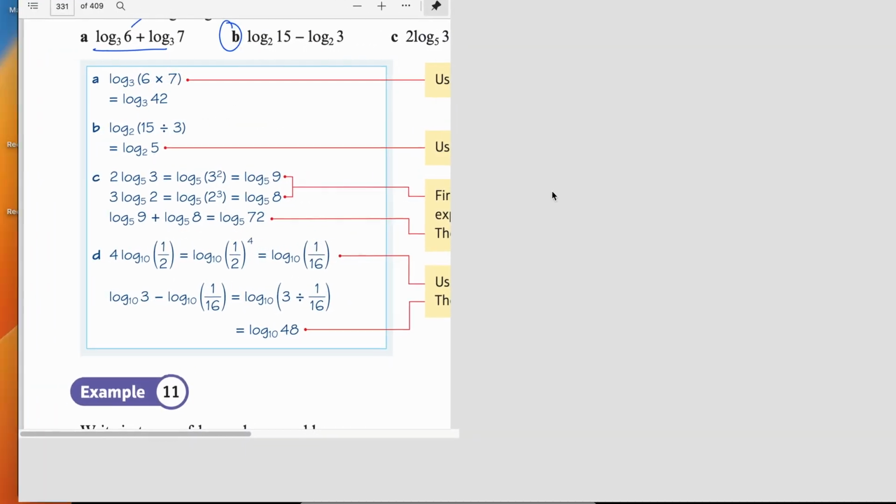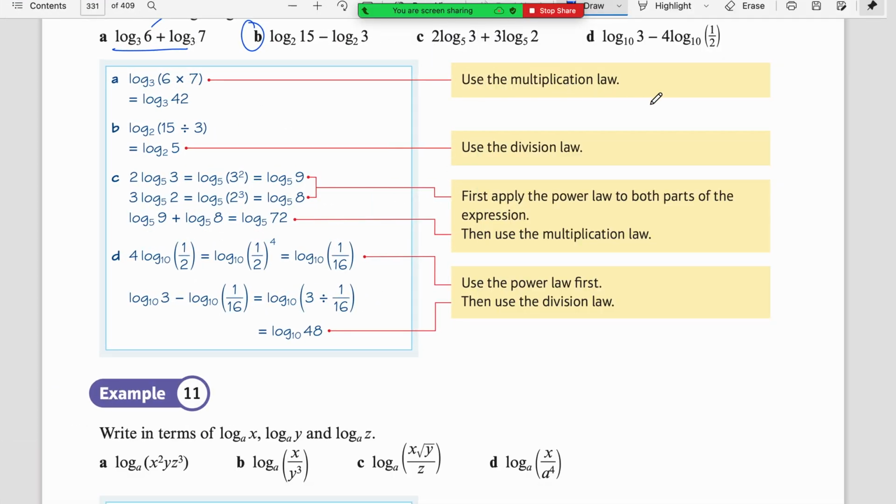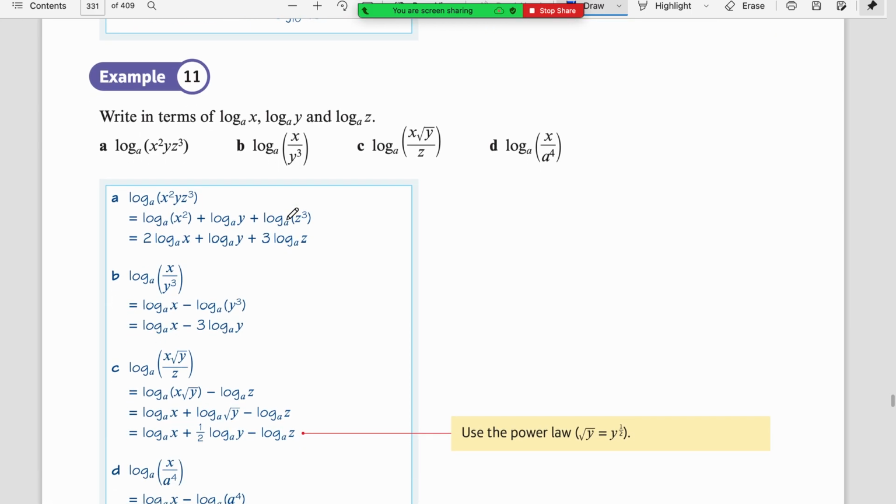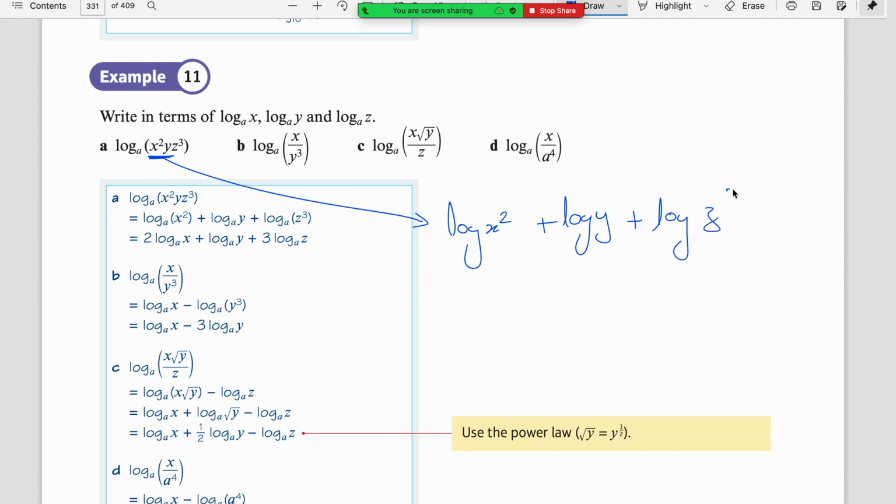Coming back to the exercise. Write in terms of logs. Now this is the reverse of what we were doing. They are already multiplied. So I can say this is log of first is x squared plus log of second is y plus log of third is z cubed, and base was a for every one of them.